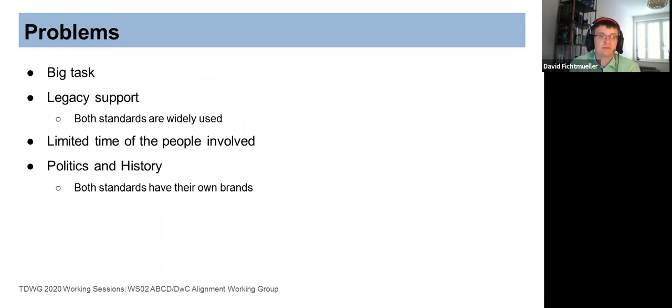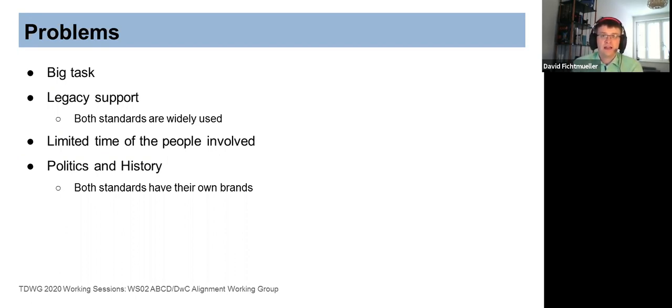So what has happened? Well, first of all, we have to realize that this is a really big task we have here. We have two standards, both quite complex, with quite a lot of elements, and quite a lot of thought that went into these structures. It's not easy to align them.